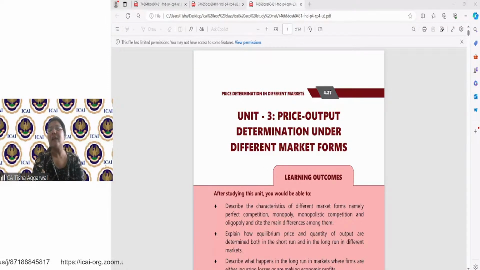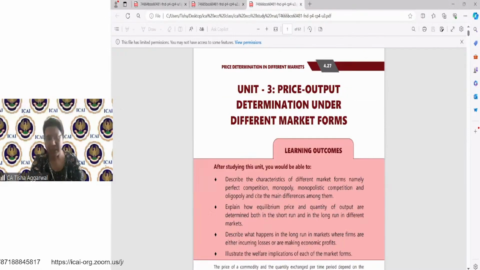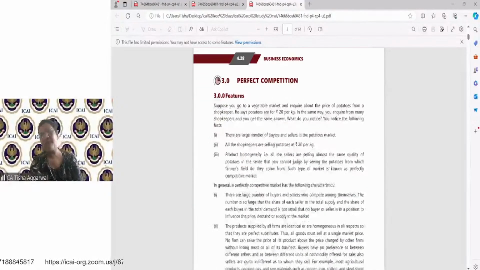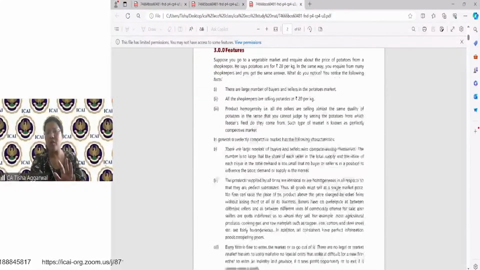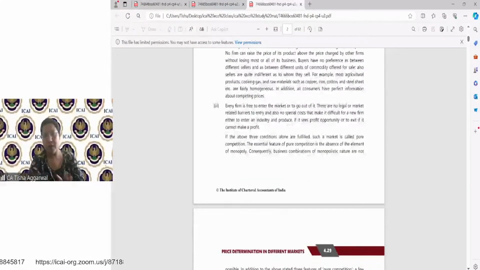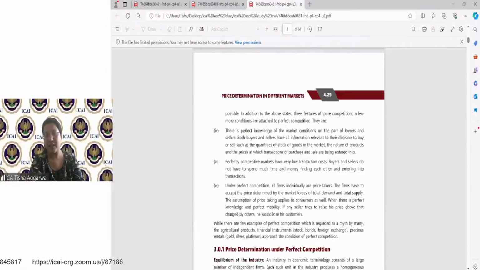Now is price output determination under different market forms. In today's class, I will not discuss all the topics at length, but I will just give you a general overview of how the markets are run, what the markets are, and how the whole calculation takes place.